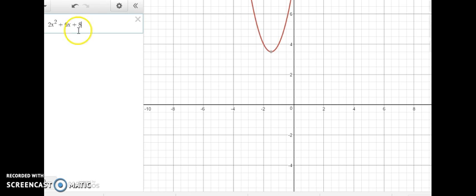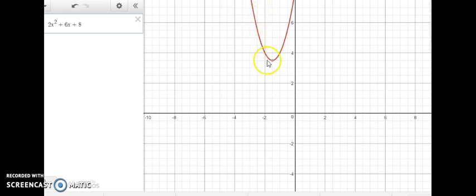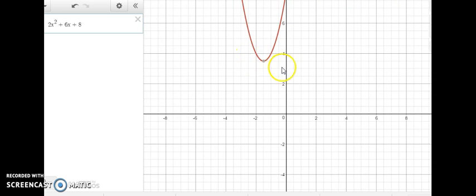We can just put that in here, and we can see, oh my, this equation doesn't ever cross the x-axis. So it doesn't have any real solutions. So we found solutions, but the solutions are imaginary because they have the number i in them.